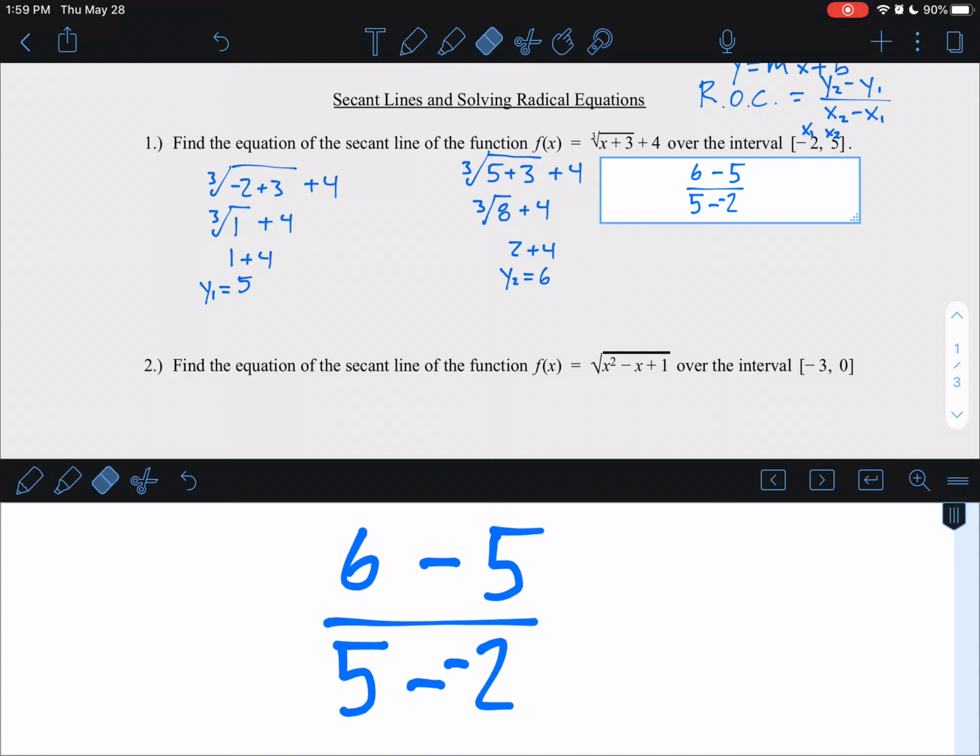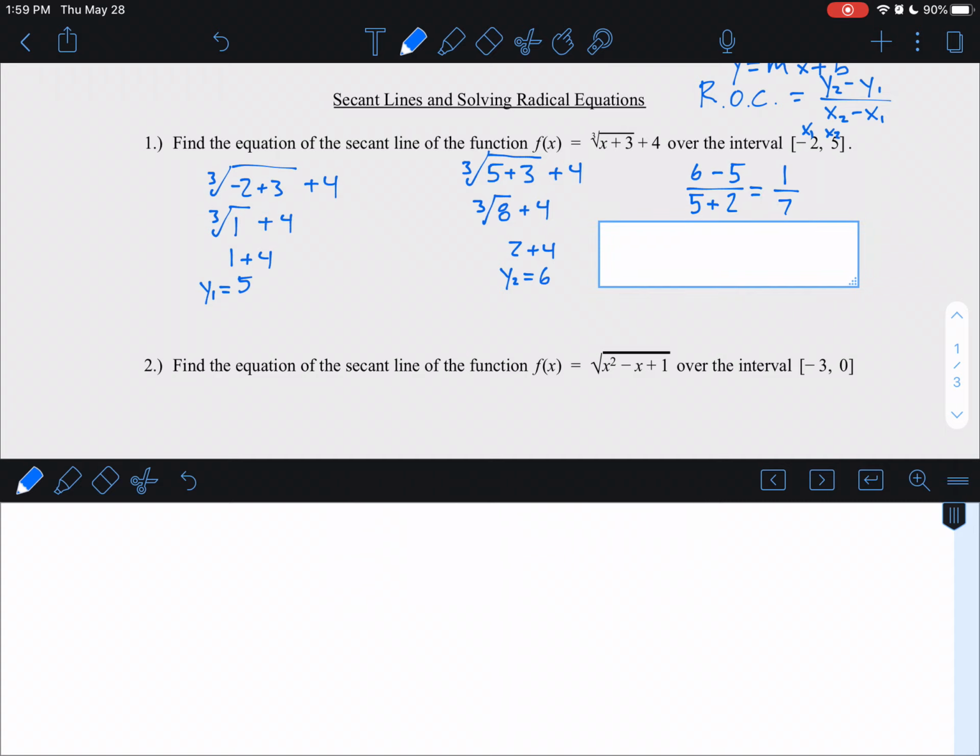And that 5 minus -2, I'm going to turn that into 5 plus 2, because minus a negative is the same as plus. And I have 6 minus 5, which is 1. 5 plus 2 is 7, which means my rate of change here is 1/7. And that is my m value in my secant line. So I have y equals 1/7 x plus b.